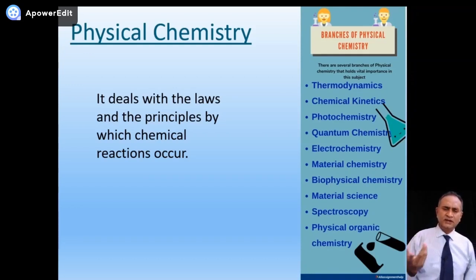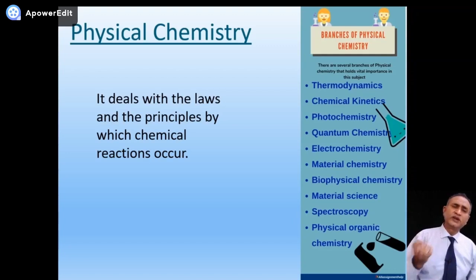All right? It is the study of all rules and regulations which should be followed by the reacting atoms to proceed to form compounds. It has impact on our daily life, like thermodynamics, photochemistry, and so on.